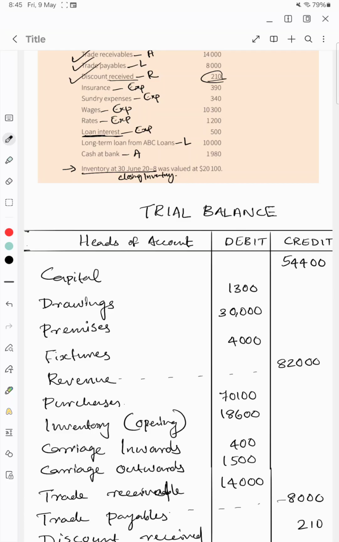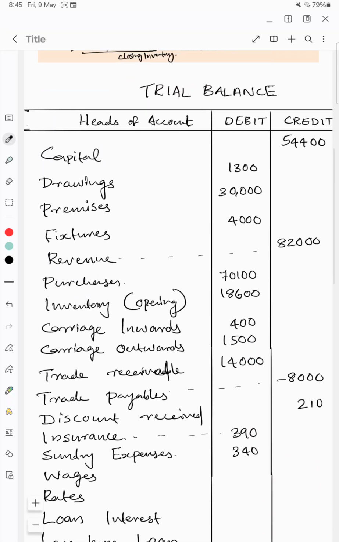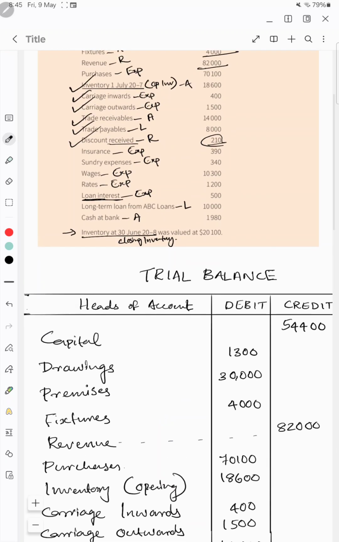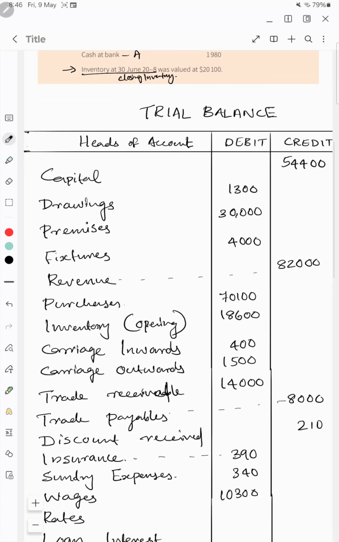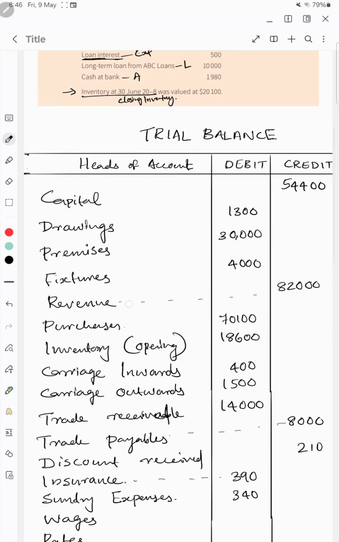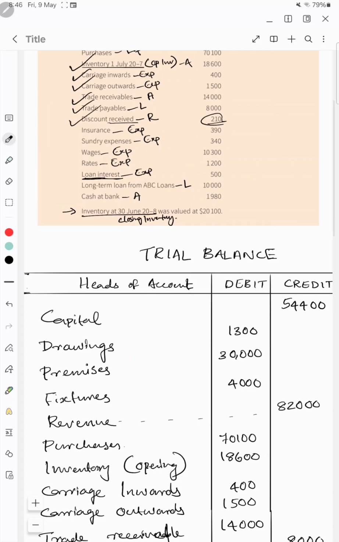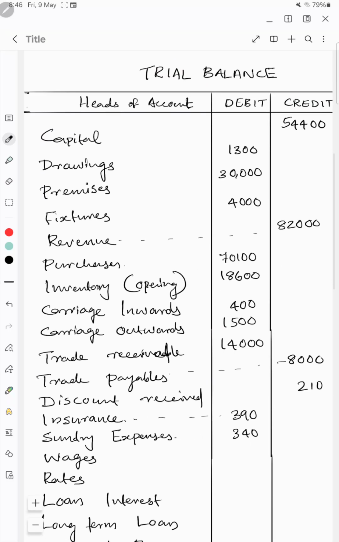Just post it in the debit side, 10,300. Wages is the same figure, 10,300.